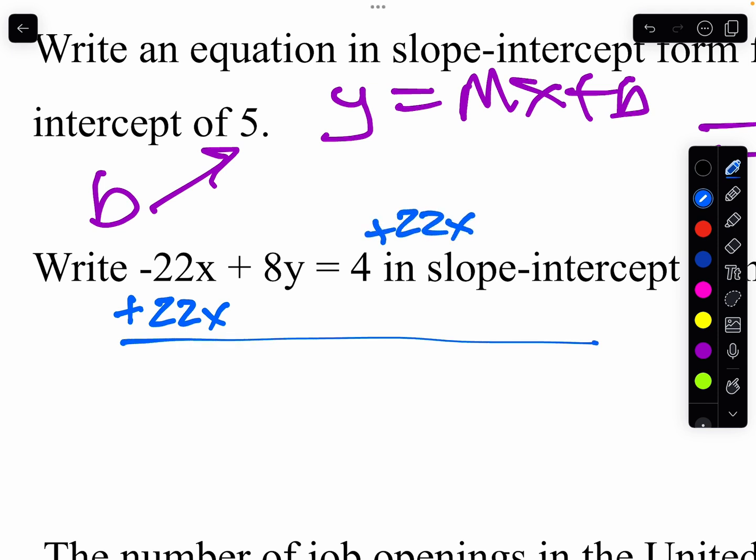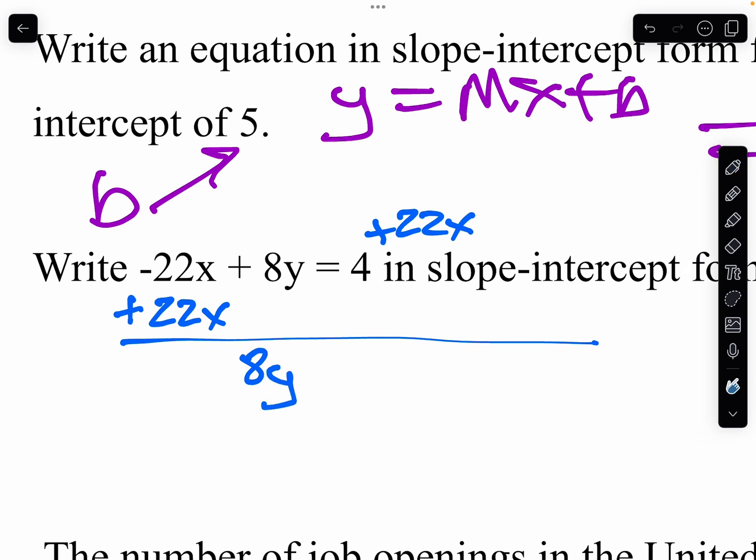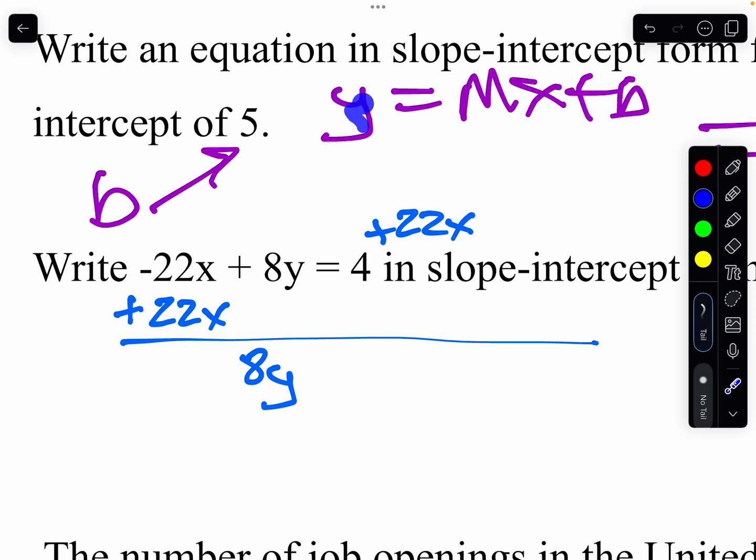So I bring down my 8y. Now I want it to look like y equals mx plus b from my previous problem. So if I want it to look like y equals mx plus b, I'm going to write my x first.